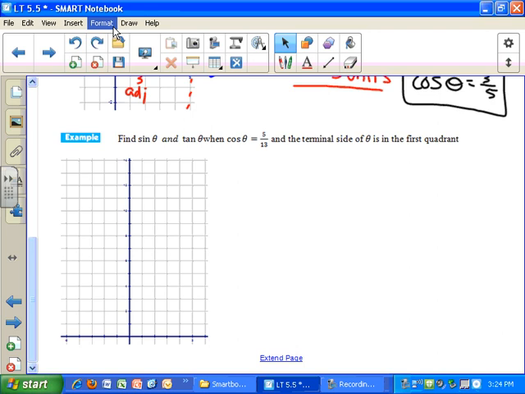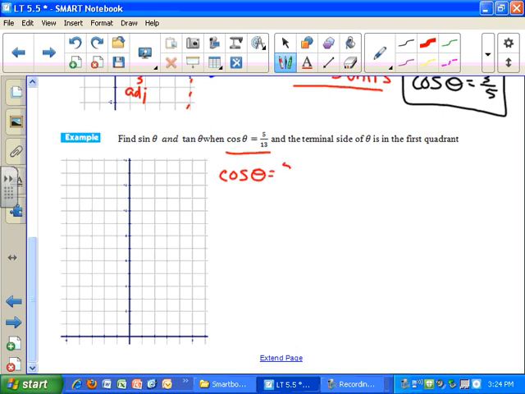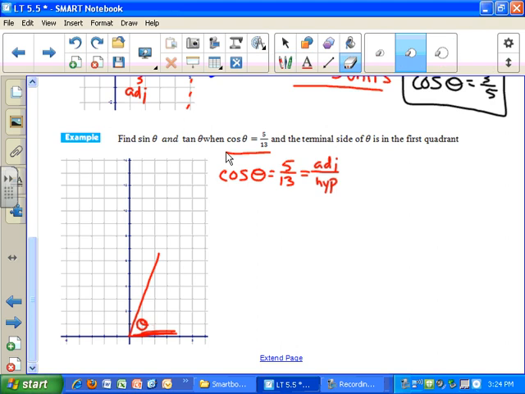So let's remind ourselves that cosine of theta is, we know it's 5/13, but it is adjacent over hypotenuse. And so because we're going to have our angle somewhere here, the adjacent side is going to run along the x-axis.